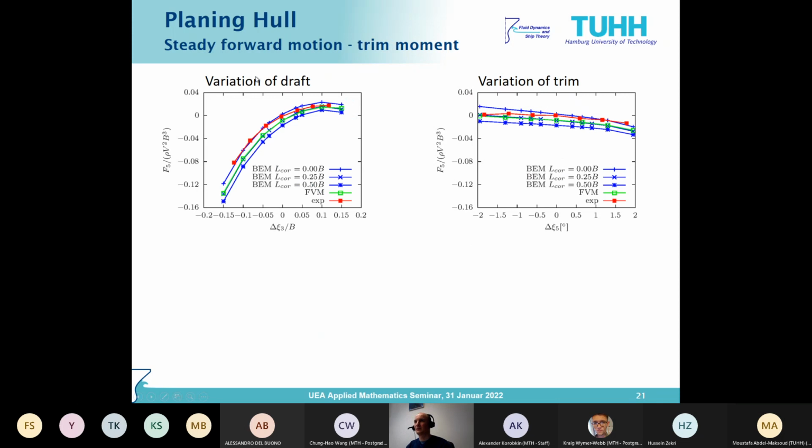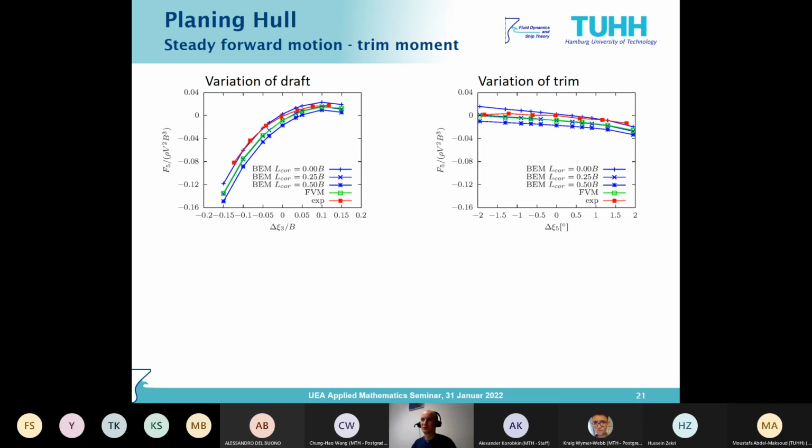Okay, and now we look at the trim moment, and what you can see here is that if you have no correction, we actually match the result from the experiment better than when we use the correction. And of course, this is a little bit of a deficiency of this correction model.